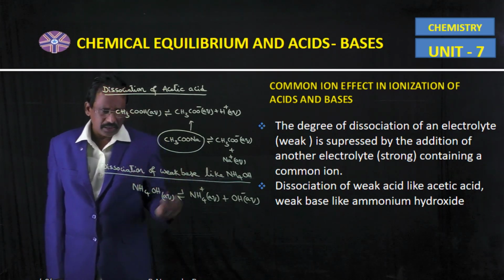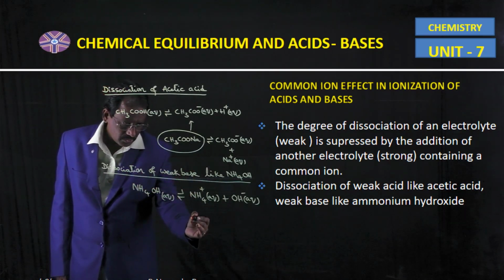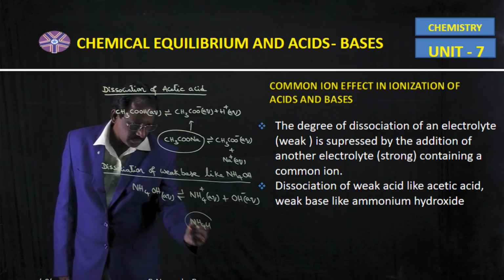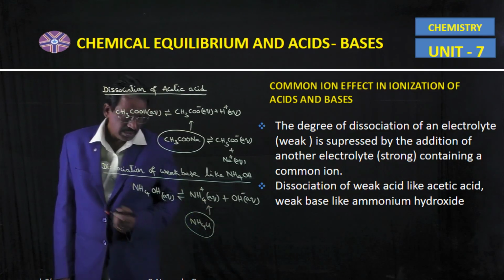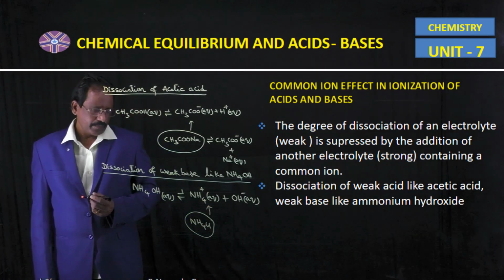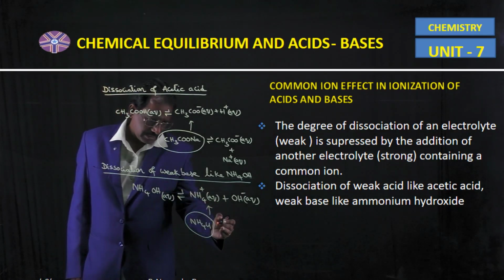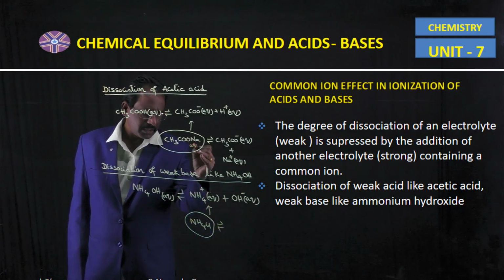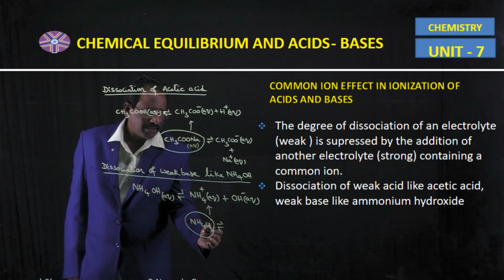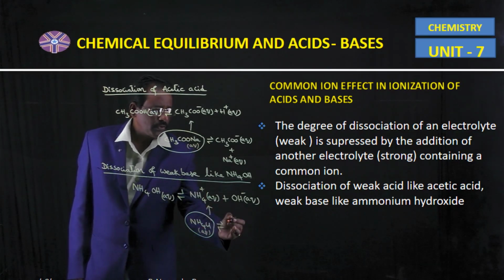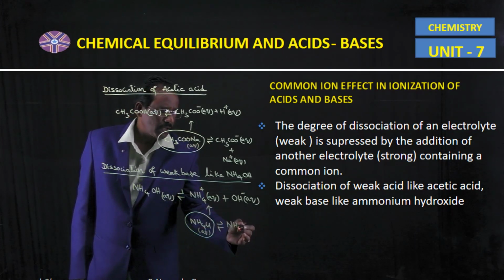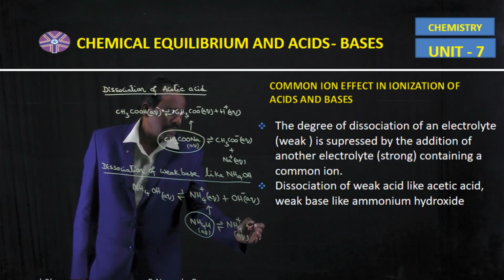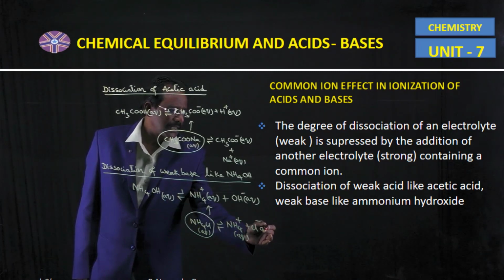So here the degree of dissociation of this weak base is very small. If you add a strong electrolyte like ammonium chloride to this dynamic equilibrium, it is a very strong electrolyte. That's why in aqueous medium it produces NH4 plus ions and Cl minus ions.